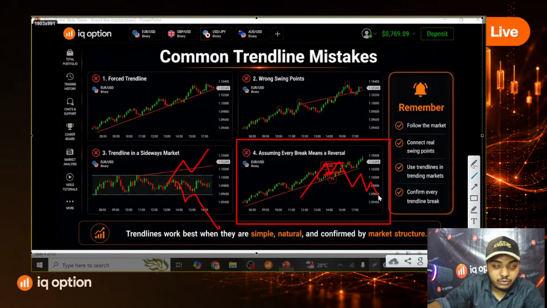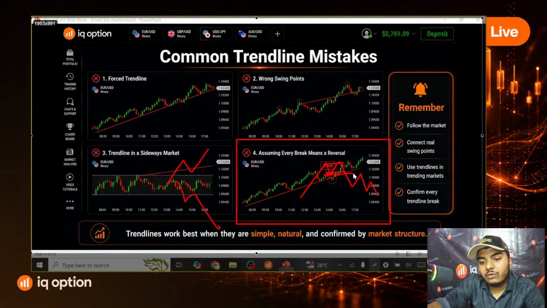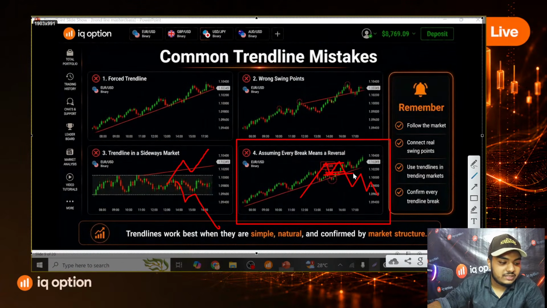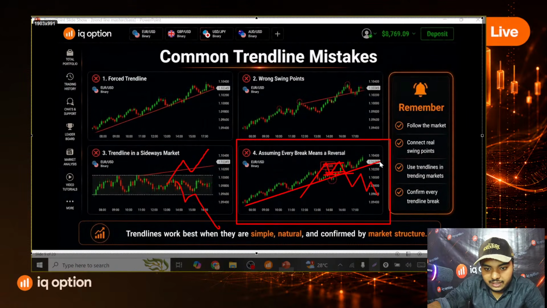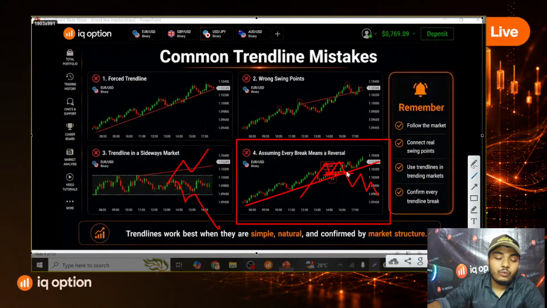Then you can think that the market is making lower lows after breaking the mitigated higher low, so there is a high possibility that the market is now in a downtrend. And if we draw a trend line here, we get an extra confirmation that the trend line is also broken, and the market also gives us confirmation: the higher low is broken, and it makes lower lows and lower highs. So there is a lot of confirmation here that the market has changed its direction.